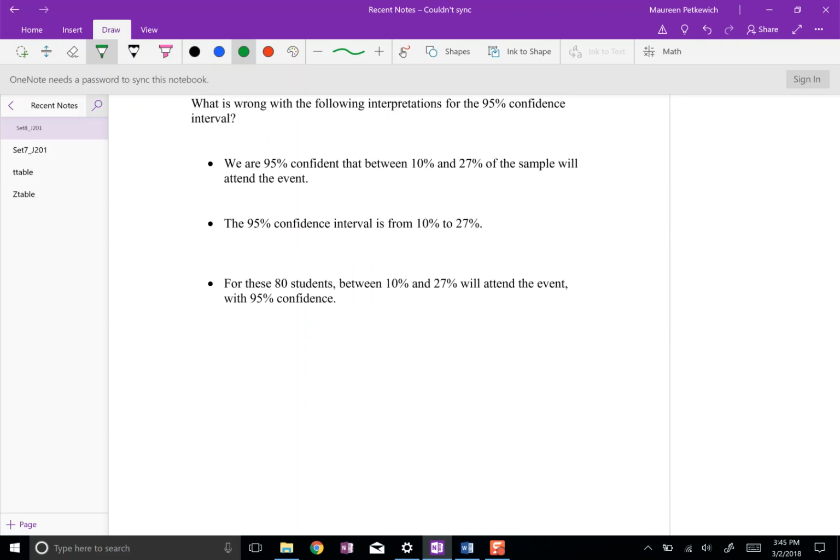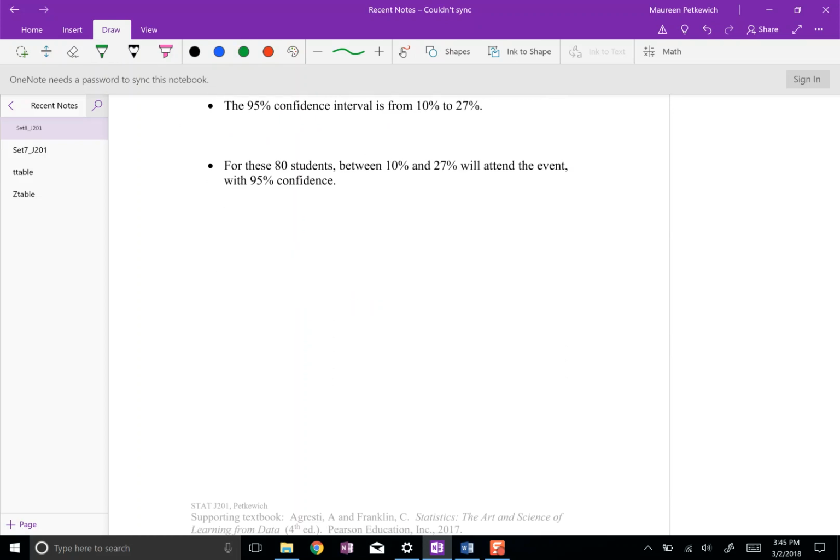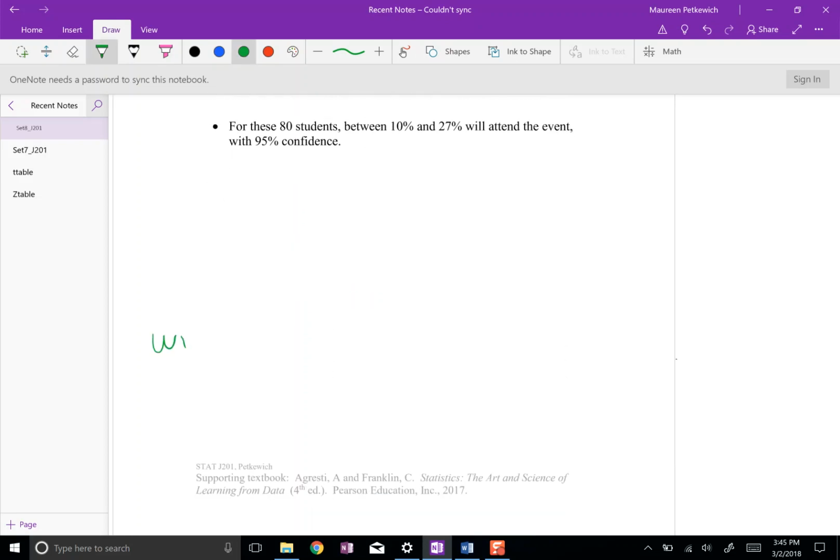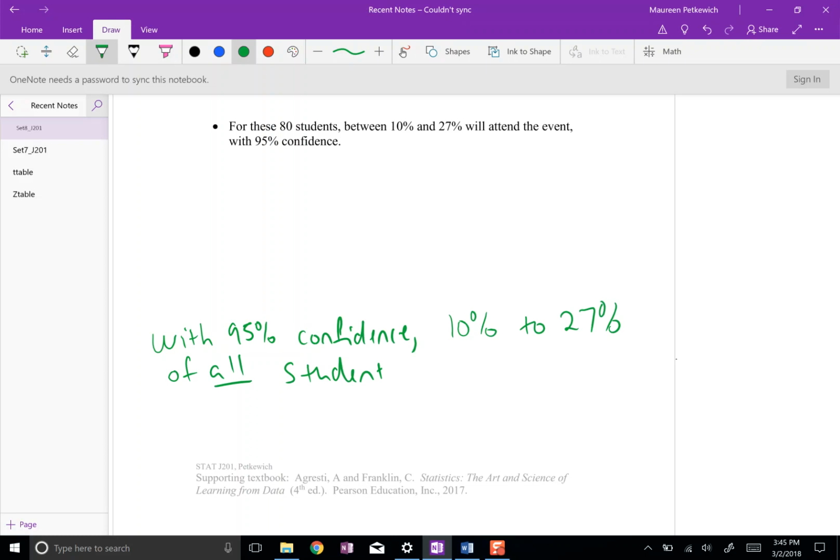Thinking back to the 95% confidence interval, we would say something like this: with 95% confidence, 10% to 27% of all students will attend the event.